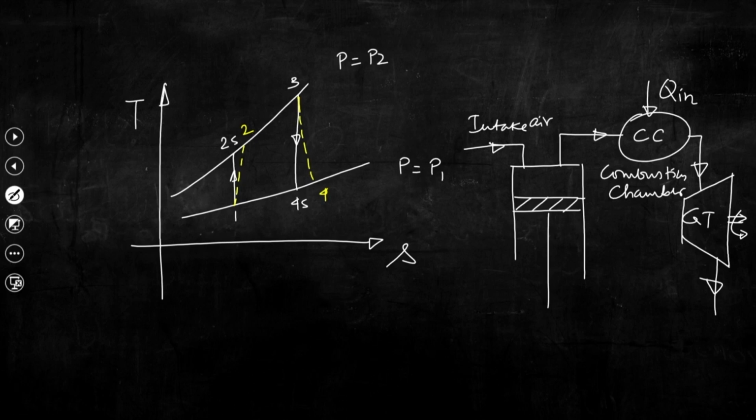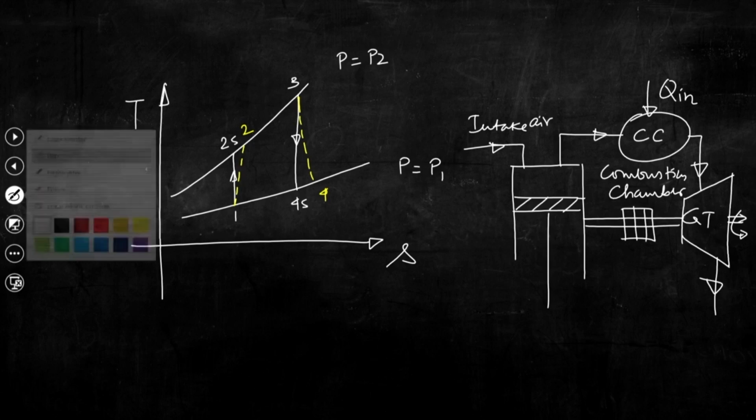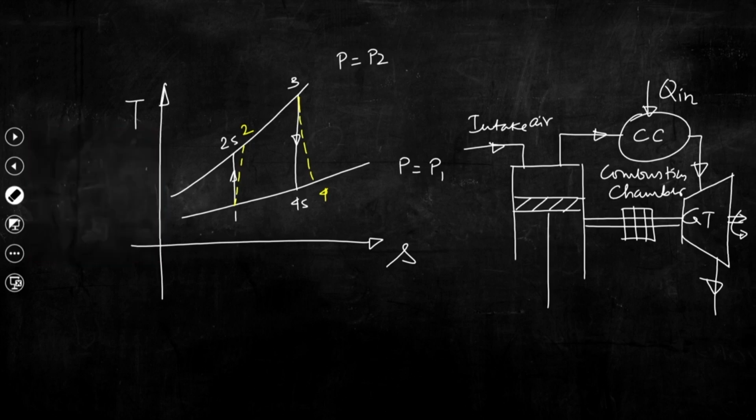Of course, to run this compressor, as you know, a shaft is connected, that is what we had seen. So, if we erase this one, that means this compressor is now connected to the gas turbine.